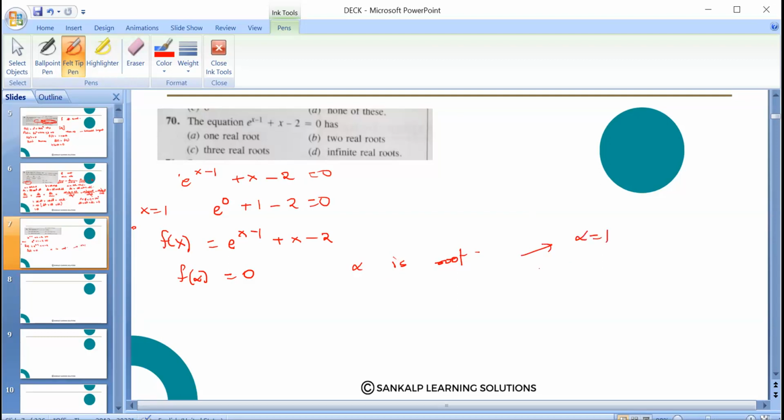But suppose you take alpha greater than 1. That means f dash x, the derivative, using chain rule, derivative of e power x minus 1 is e power x minus 1, derivative of x is 1.